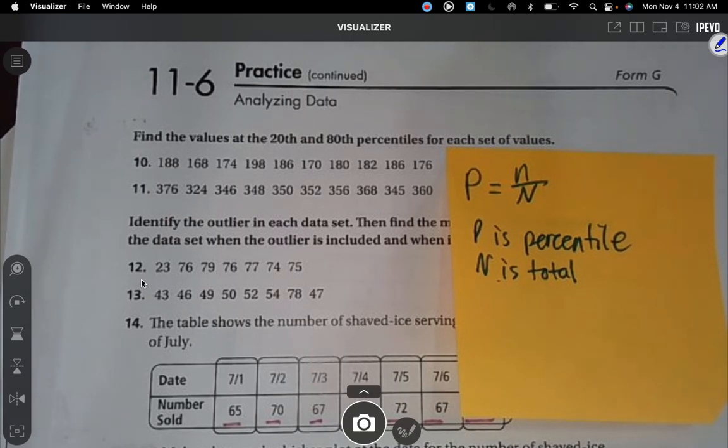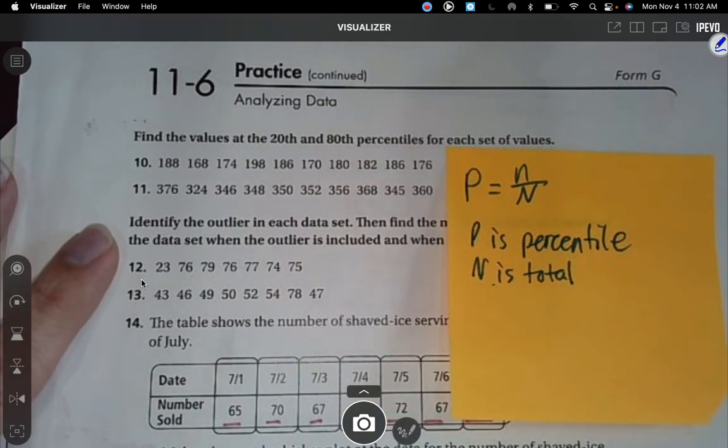What is that one? That's kind of backwards. I don't want to confuse you. Oh, maybe. No, it's like number 10. Let me do another one that's like this one.